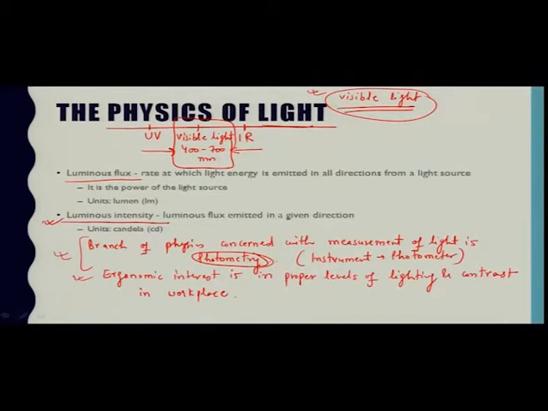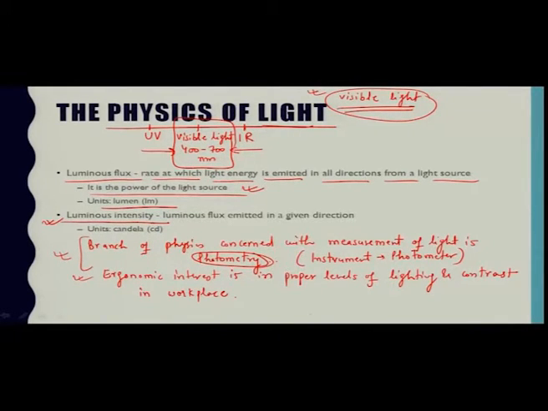This luminous flux is defined as the rate at which light energy is emitted in all directions from a light source. It is the power of the light source. Power is a rate quantity, and luminous flux is measured in lumens.